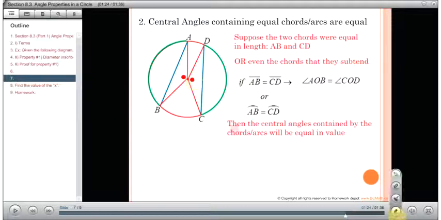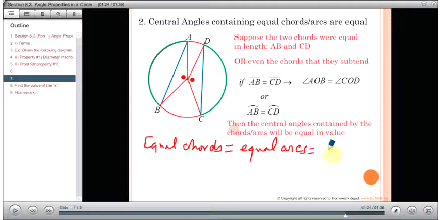So in other words, instead of all this wordy stuff, basically equal chords are going to give you equal arcs, which give you equal central angles.